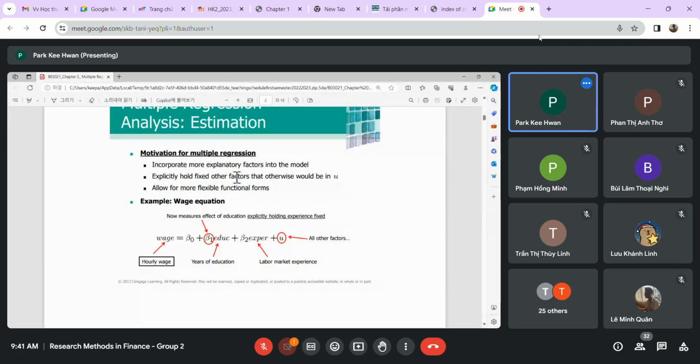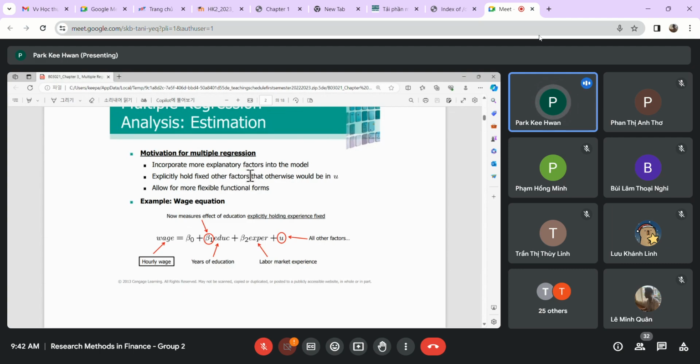These other factors would otherwise be in the error term, but in this case, we can take them out of the error term, and once the factors are taken out, we can explicitly hold those factors fixed. If they were in the error term, then we could not hold those factors fixed.